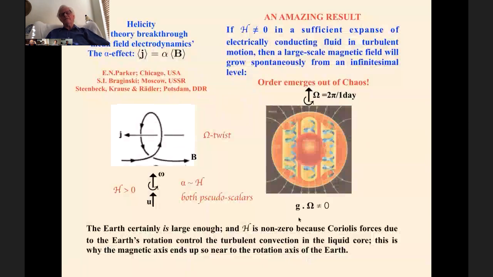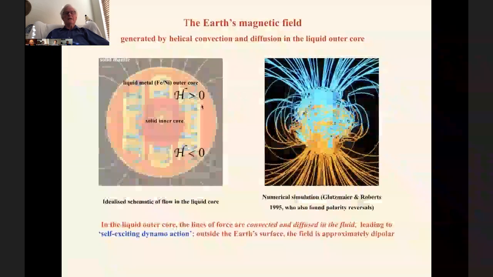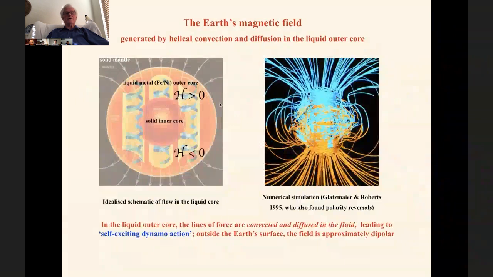There's a sort of input scalar, gravity dotted with rotation, which is non-zero, changes sign across the equatorial plane, but over a sufficient volume of fluid, it is non-zero and of constant sign. And that is why the geodynamo operates. As I've shown here, H is positive in the northern hemisphere, negative in the southern hemisphere.